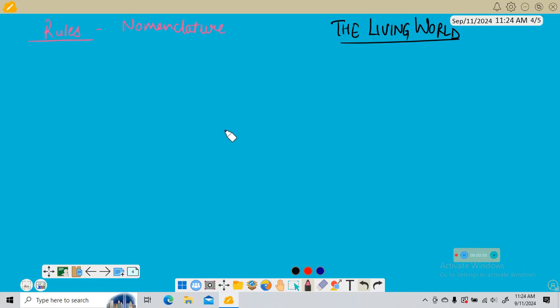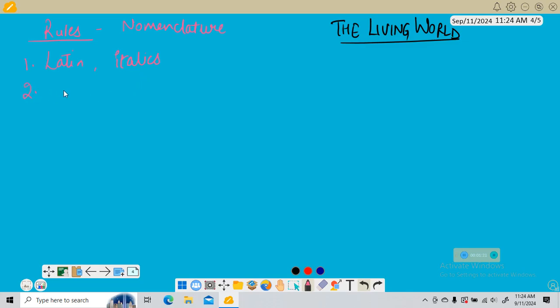So here are some rules to write the nomenclature. Firstly, biological names are generally written in Latin and in italics. They are Latinized or derived from Latin irrespective of their origin.